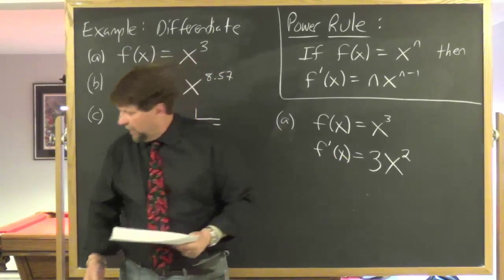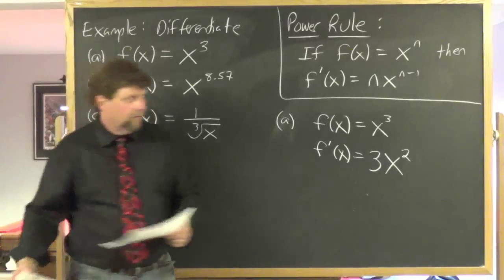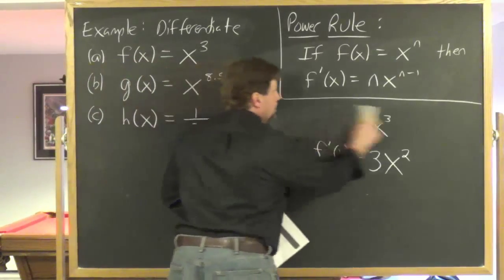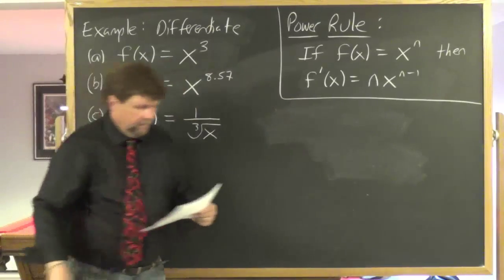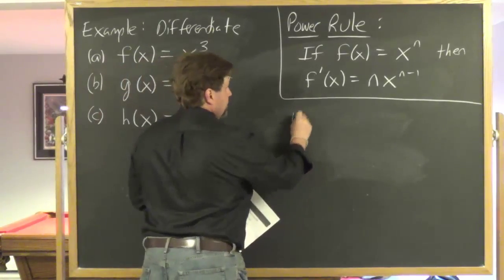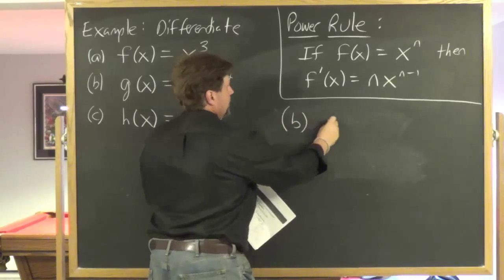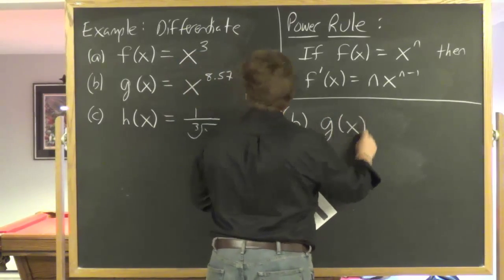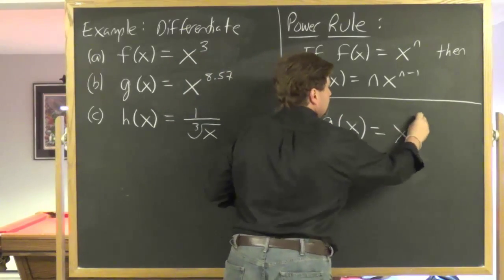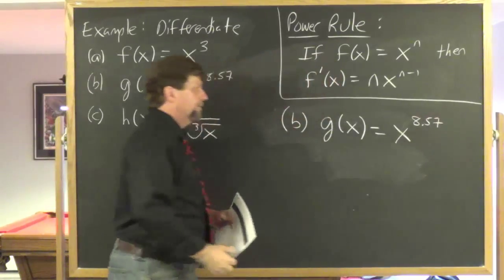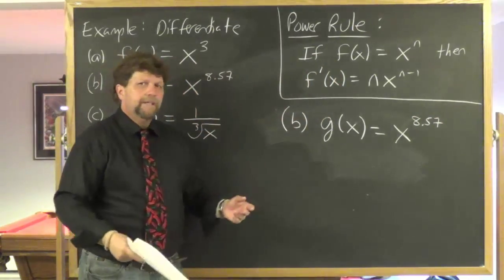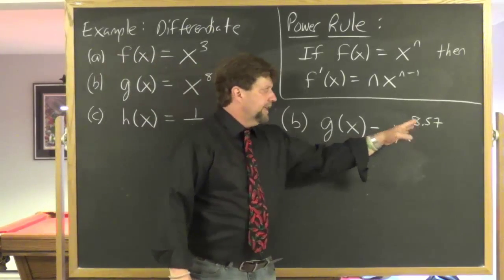Let me grab my eraser so we can do part B. The function is g of x equals x to the 8.57. No big deal. It doesn't matter that this exponent is an ugly looking number.